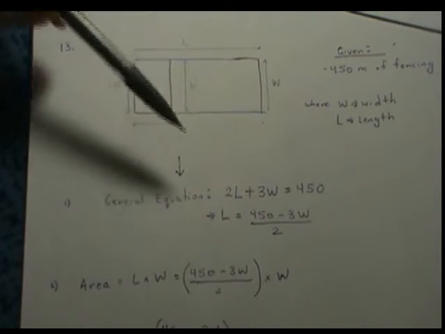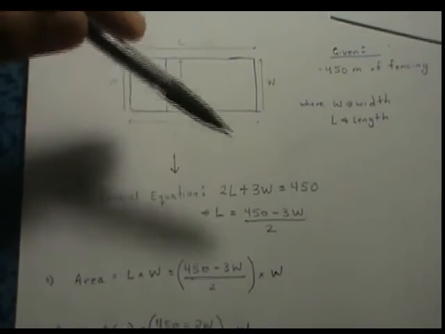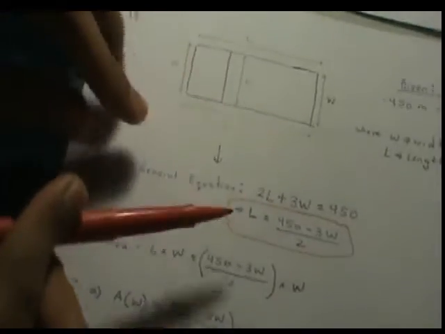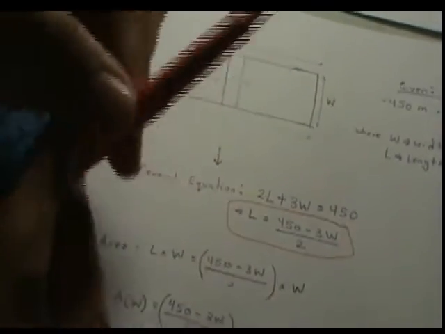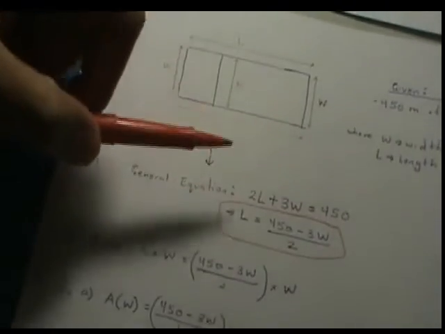So next, if we were to isolate L, we come up with this equation. We denote W for width, and for length, which is L, we have this equation.